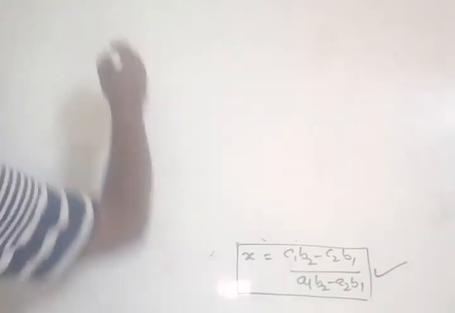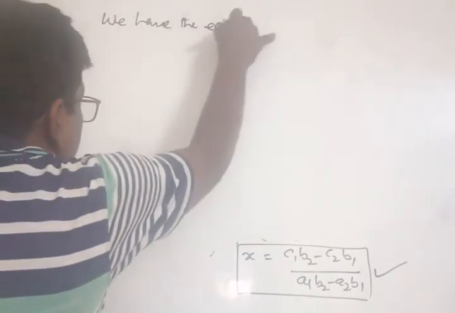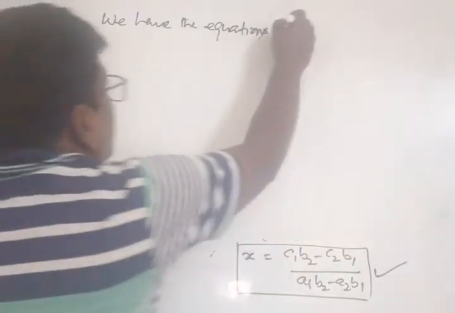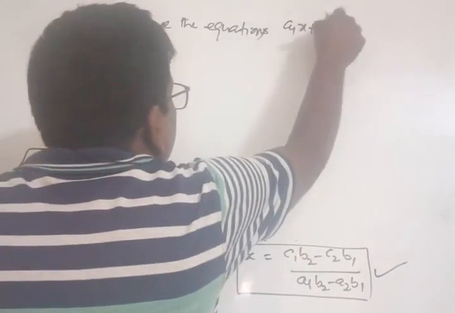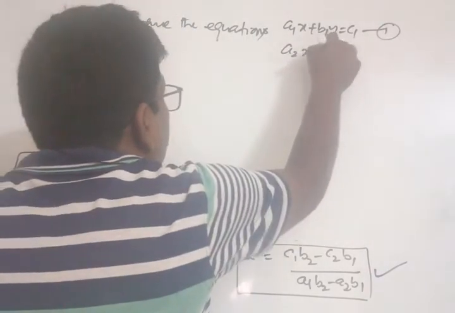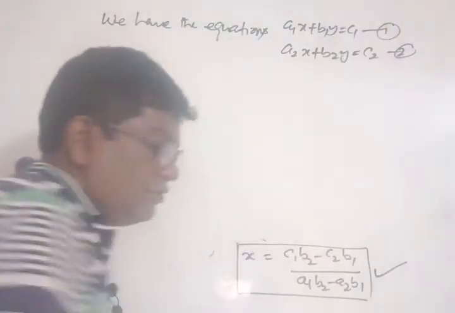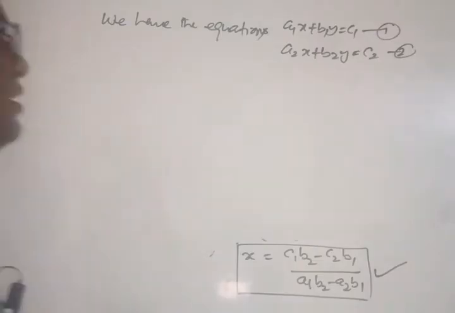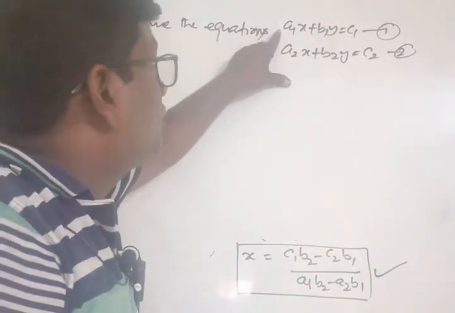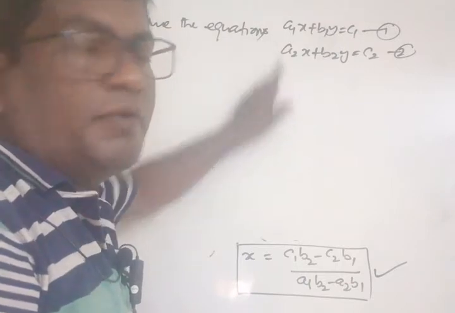We have the equations: a1x plus b1y is equal to c1. This is equation 1. a2x plus b2y is equal to c2. This is equation 2. Now try to cancel the x term. Here a1 is present, here a2 is present. So equation 1 into a2, then equation 2 into a1.